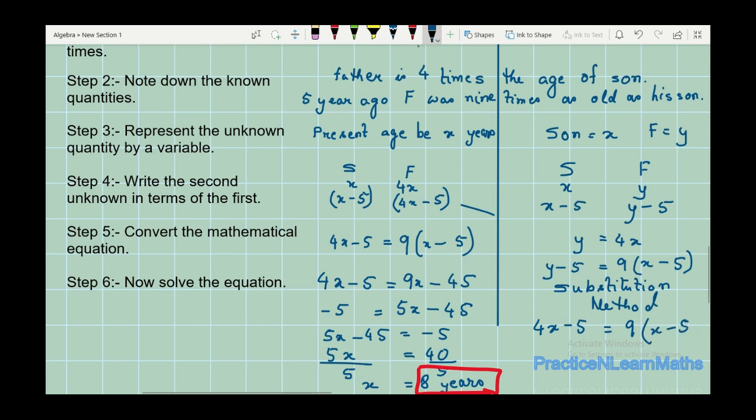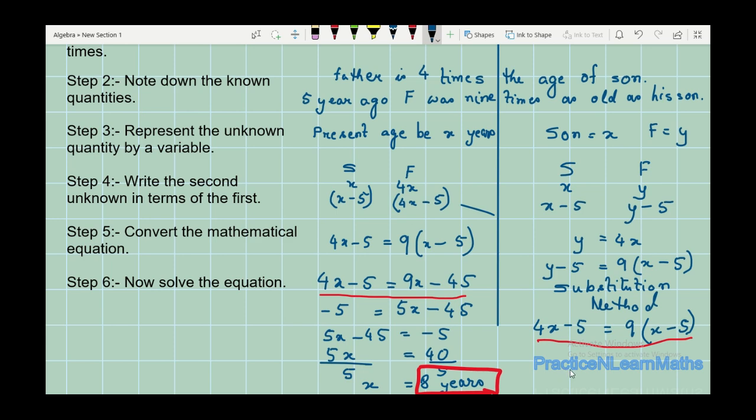And you see the equation in one variable is the same as the equation in two variables. So now if you solve it, again you get 8 years. You solve it in the same way and you get x is equal to 8 years.